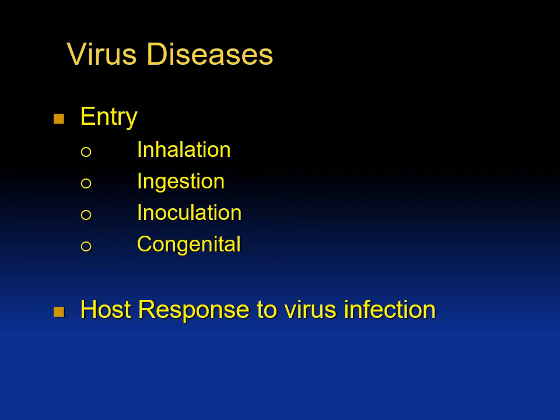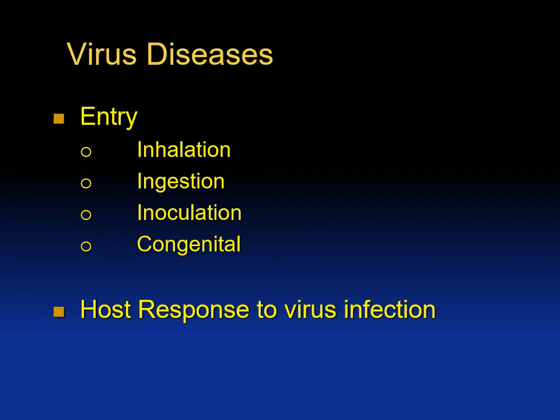Inoculation, as you know, is done by using either components of a virus or by using the same virus itself. It could be killed or it could be live attenuated. We will talk about that in a later lecture.